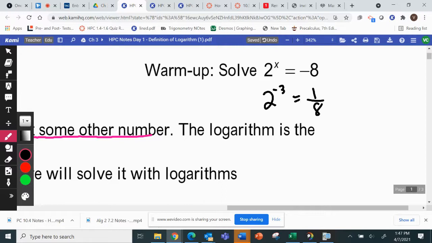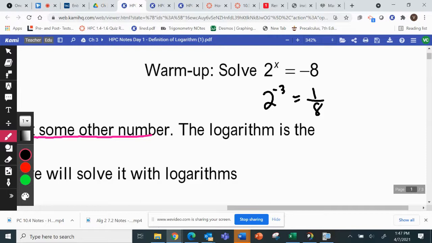Where's somebody volunteering? Because it's impossible? Okay, well then just tell me that. There isn't one. Were you going to say that, Ava? I don't know. Maybe we can find an imaginary number that works. I just haven't done that. But we're talking real answers here, okay? There isn't a real answer.